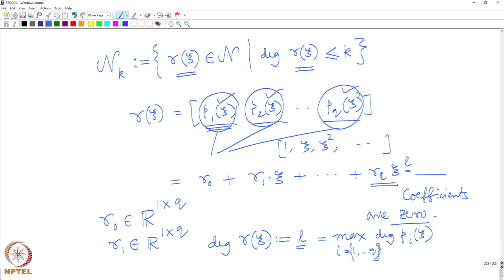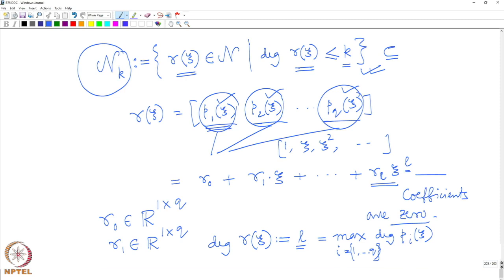And then when you restrict the degree of these polynomials, you upper bound the degrees of the polynomials by this given number k, that gives us this Nk. Obviously this Nk can then be viewed as a, I am not going to view it as a submodule, because a submodule will require us to multiply by polynomials and the degree constraints will be broken in general.